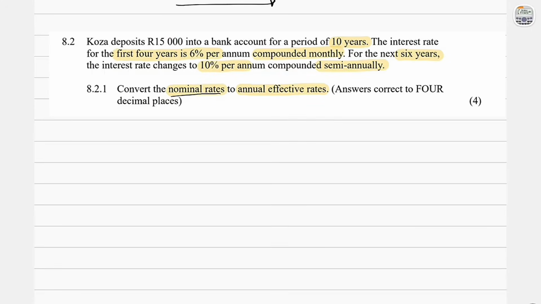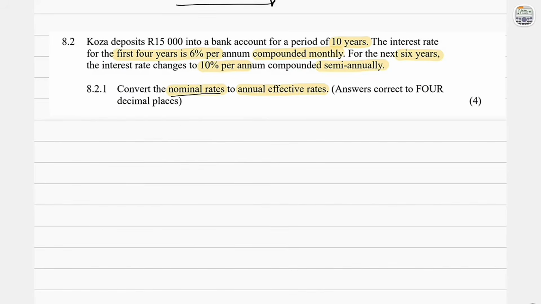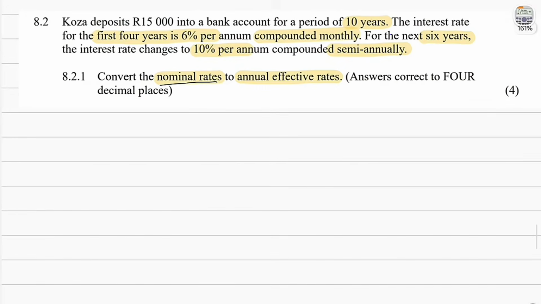Just because 6% is compounded monthly and this is the interest rate they have quoted you, it doesn't mean this is the amount that you end up getting if you look at it within a full year, because interest gains interest on interest. What happens is at the end of the year, that interest rate is much higher. So you will notice that the annual effective interest rate is always going to be higher than the nominal, the one that the bank quoted. So that's just a bit of a backstory.